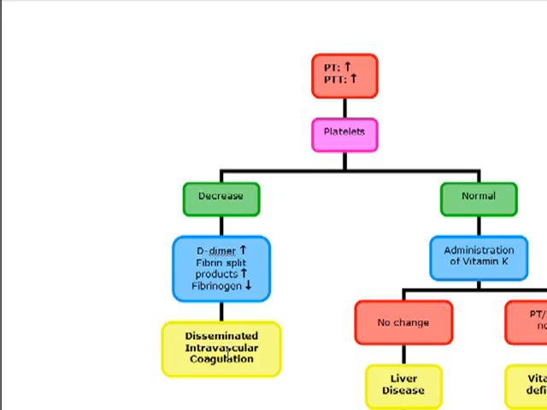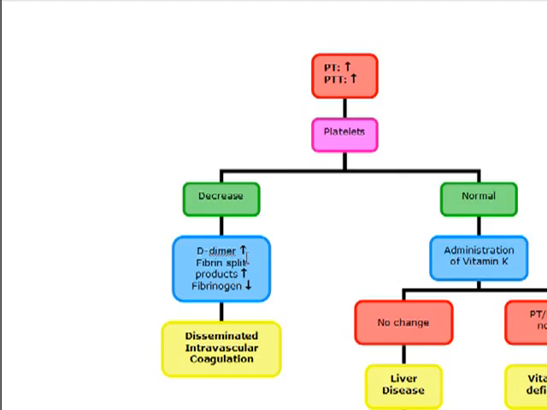So in DIC, you can actually get bleeding from any orifice, okay? So any of the orifices can have bleeding, and when the patient has any of the above, with an elevation of both PT and PTT, with a decrease in the platelet count, I want you to think DIC.